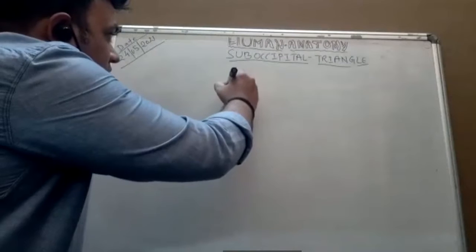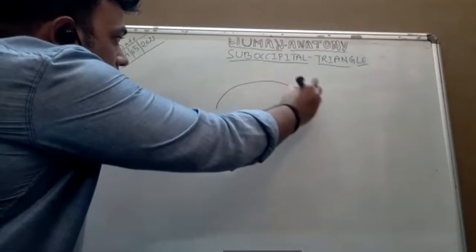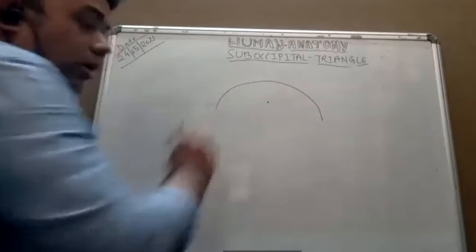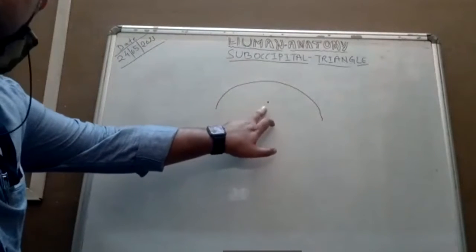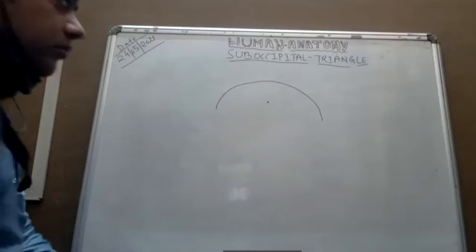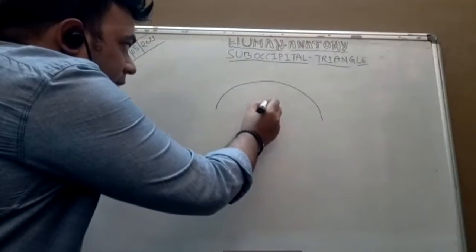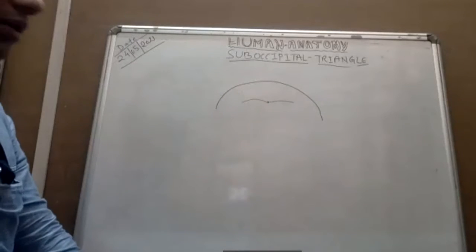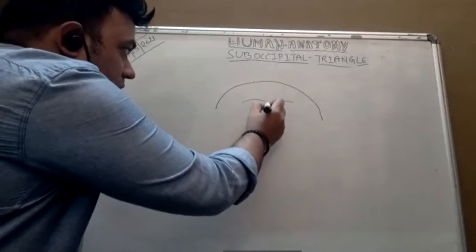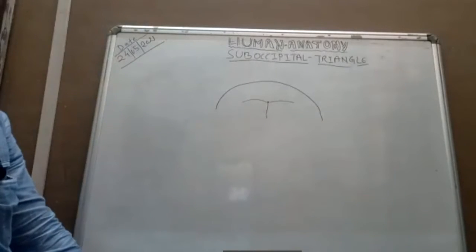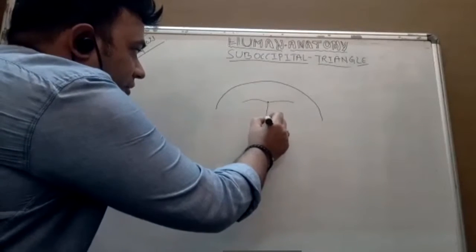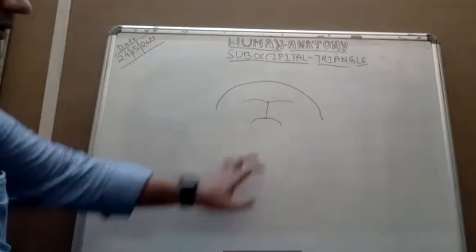So first I will draw, see here, the skull from the posterior view, and this is the external occipital protuberance. Can you see? From the external occipital protuberance, going laterally is the superior nuchal line. Below, going down, is the external occipital crest, and this is the posterior margin of the foramen magnum.